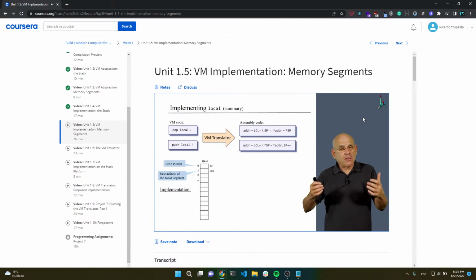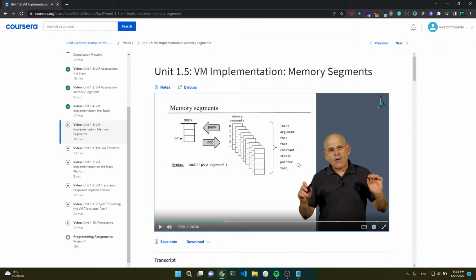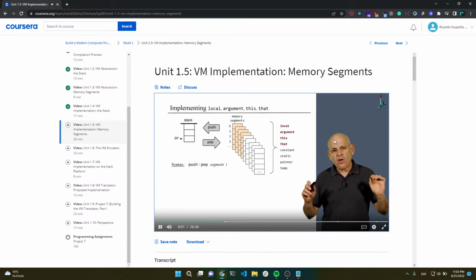And once again, in order to actually make it happen, your VM translator has to generate the assembly instructions that will realize this pseudocode using the Hack language.